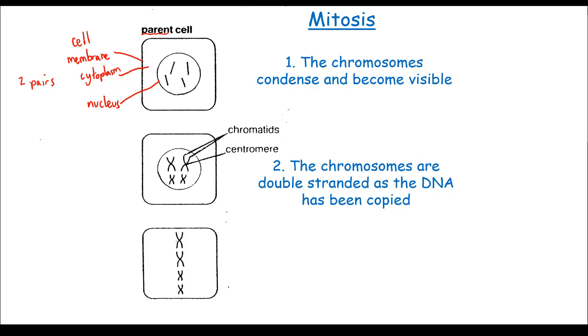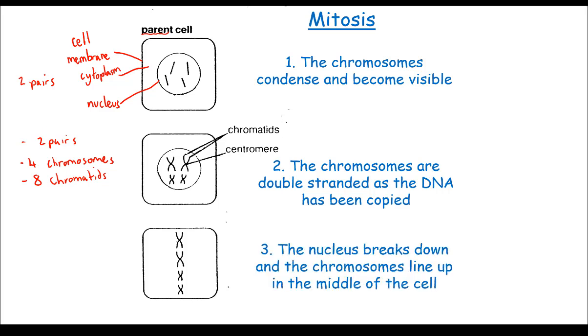So we still have 2 pairs of chromosomes. We still have 4 chromosomes altogether. But now we have 8 chromatids. So the DNA has been copied.